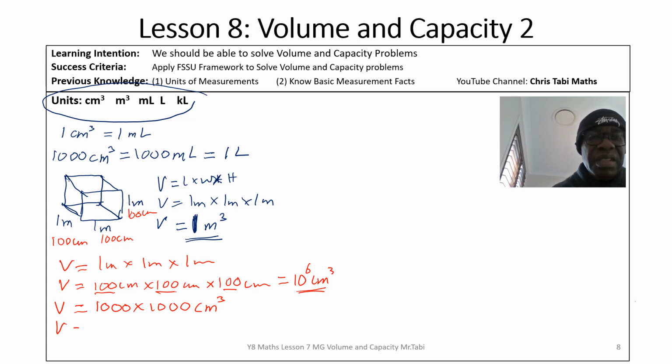So this volume is the same as 1000 times 1000 cm cube, and 1000 cm cube is the same as 1000 milliliters, and it is the same as 1 liter. So this is 1000 liters, and 1000 liters is equal to, the 1000 is kilo, so kiloliters.